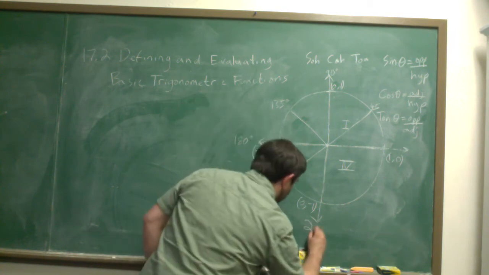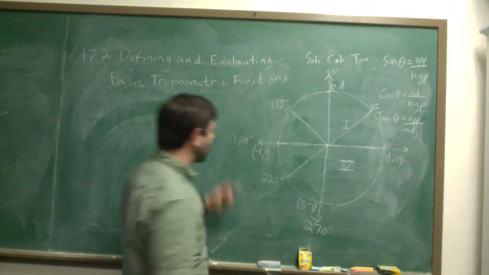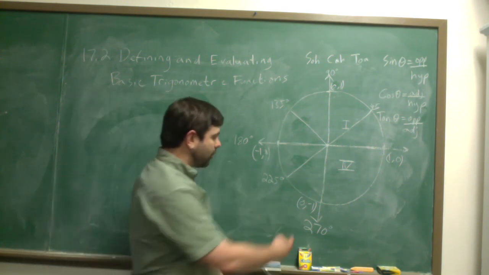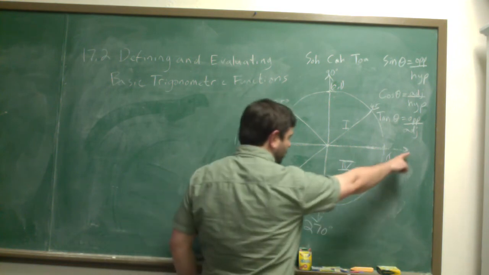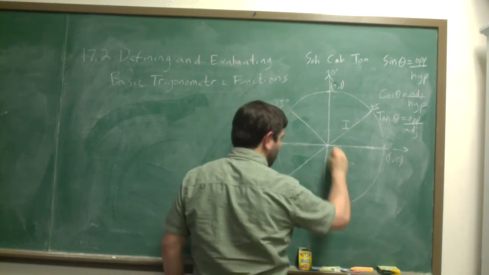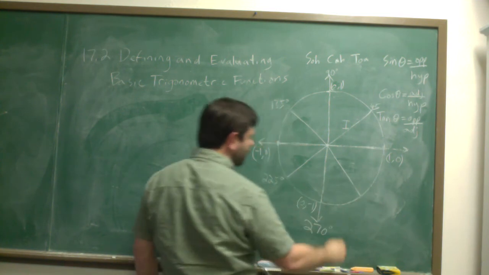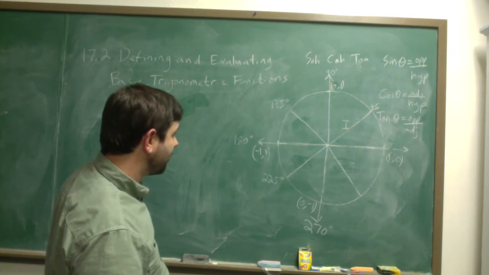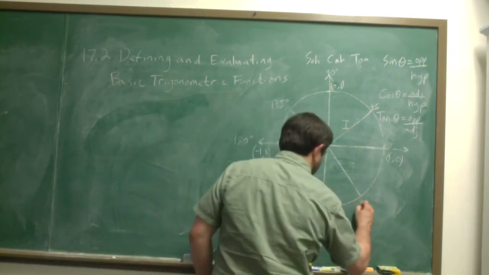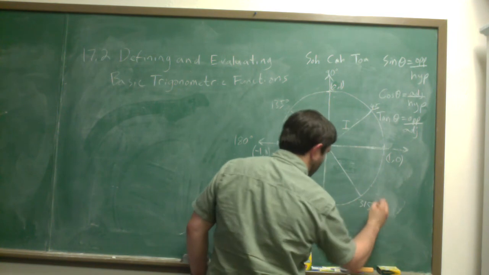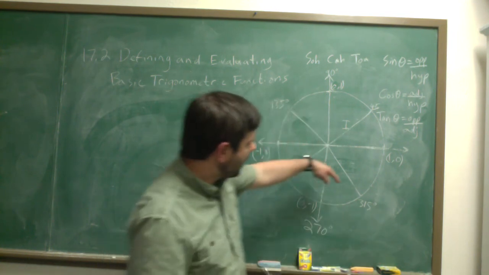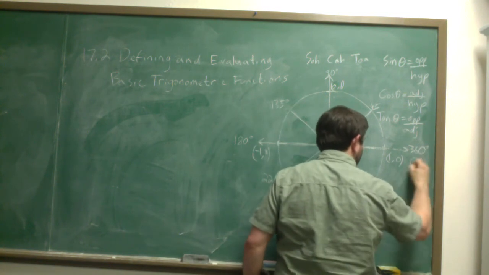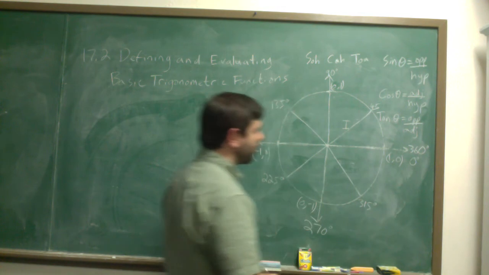Down here will be 270 degrees because that's 180 degrees plus 90 degrees. And when we go 270 degrees, let's do the halfway thing here. It's 270 plus 45, so that will be 315 degrees. Add another 45 degrees and we get to 360. And that's the same as 0 degrees.